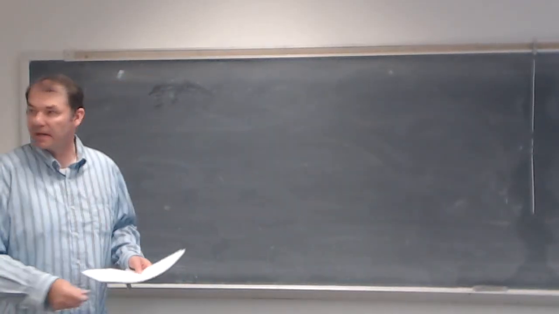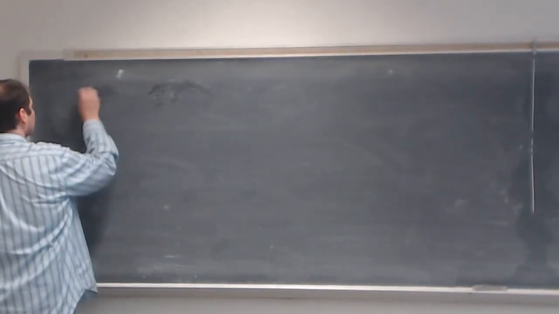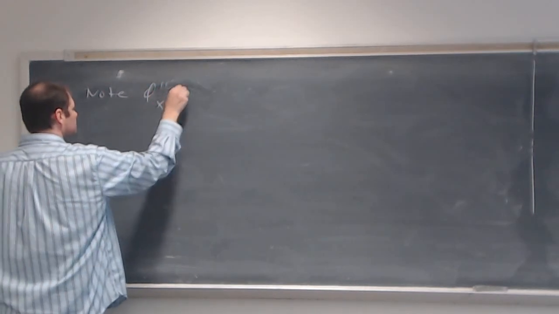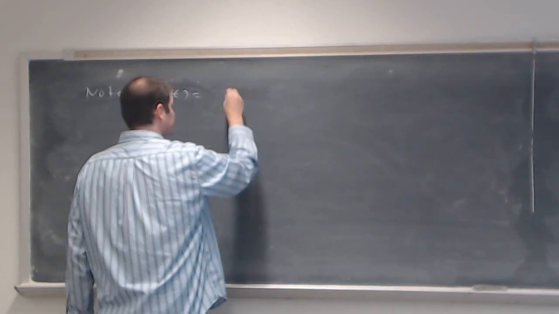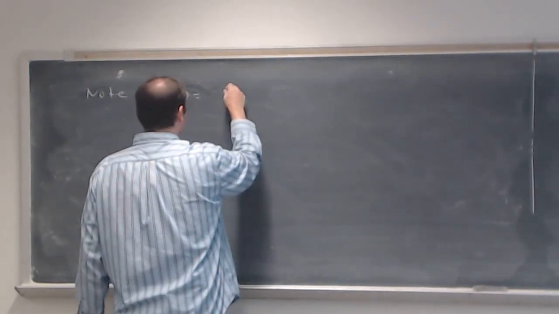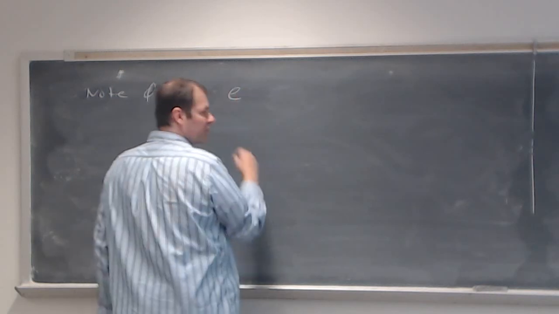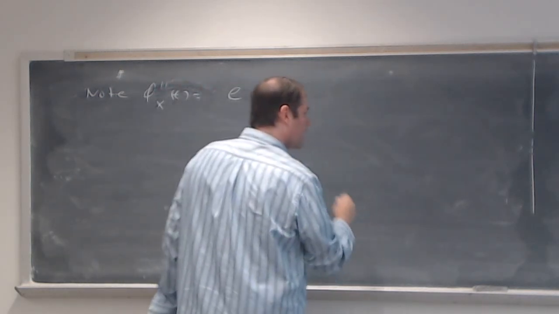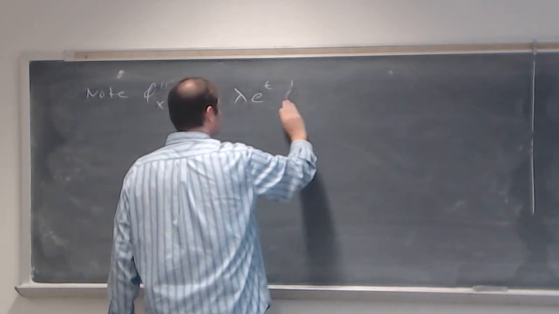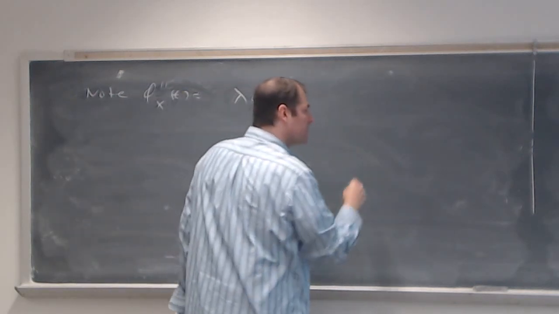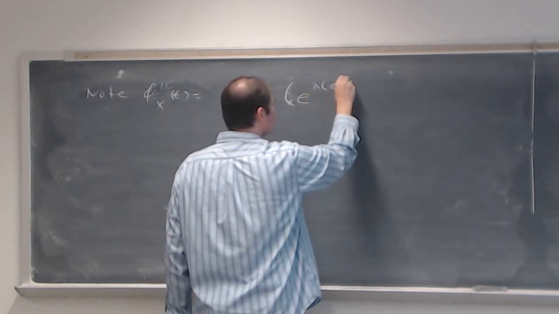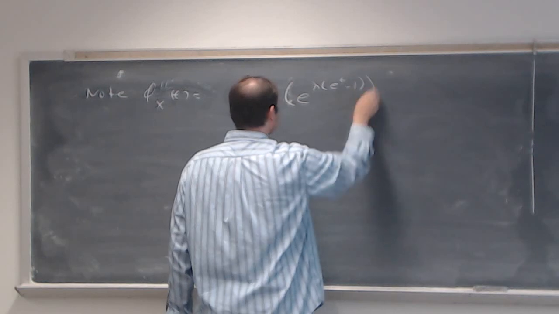Okay, good. Now, note the second derivative is equal to the derivative of this. So let me write down what the first derivative was. The first derivative was lambda e to the t times e to the lambda times (e to the t minus 1).